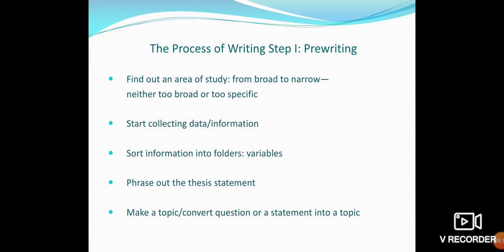Now you have got a topic, and then you have to collect materials, information from authoritative sources. When you start to collect information, simultaneously you categorize the collection and create a folder for each category of information. It's a very easy method to work out your thesis or your argument.